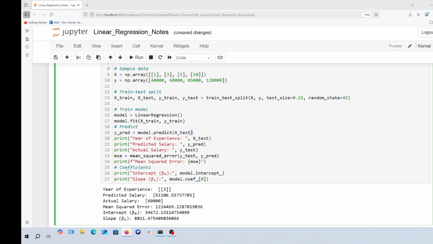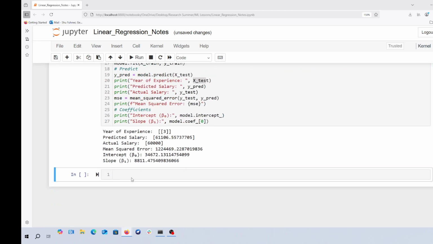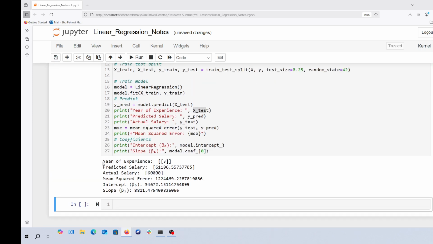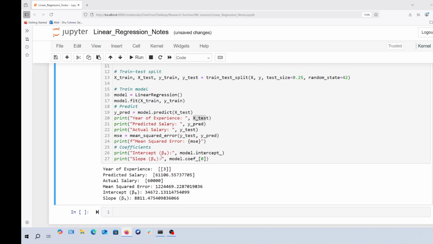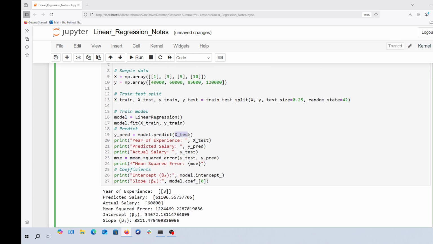A prediction here is: based on the years of experience, can we estimate the salary of someone? So if we pick years of experience as 3, someone that has 3 years of experience, what will be the salary? That is why we have this X_test here, which is 3.